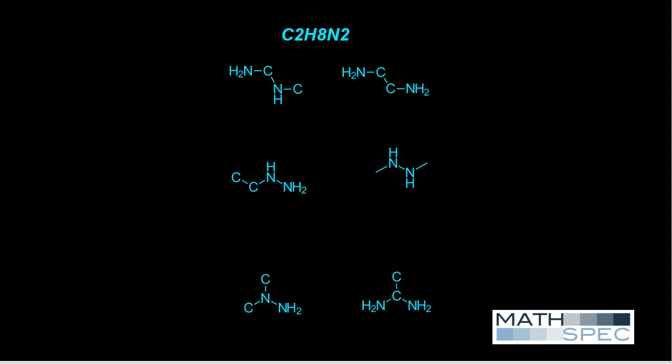Let's remove one hydrogen atom to connect the resulting C2H7N2 to the carbonyl group and the rest of the molecule. If we assume the connection to the carbonyl moiety is with one of the nitrogens, there are really 8 substructures possible because 2 of these substructures are not symmetrical.